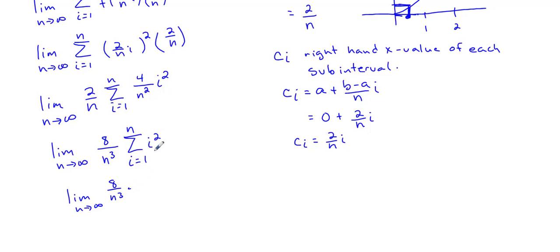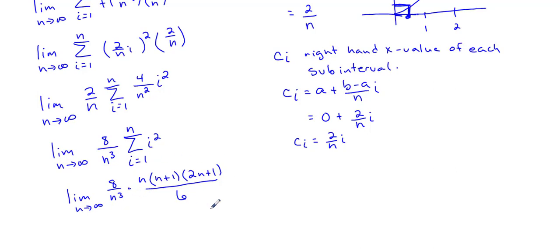What is this, guys? n times (n plus 1) times (2n plus 1), over 6, right? Now, we don't have a sigma anymore. That's awesome. That's our goal. We need to get to that spot. Now we can analyze this limit.